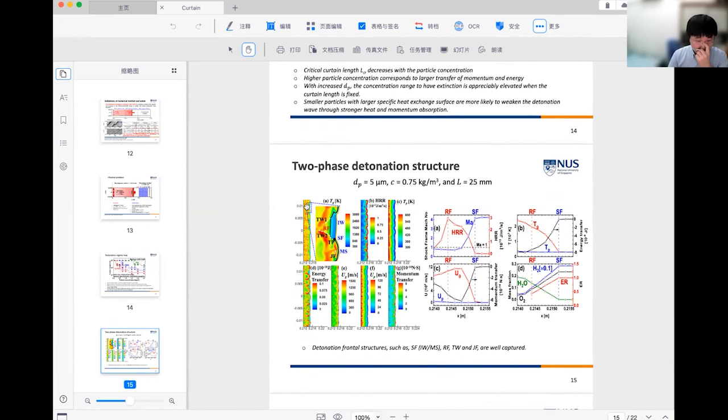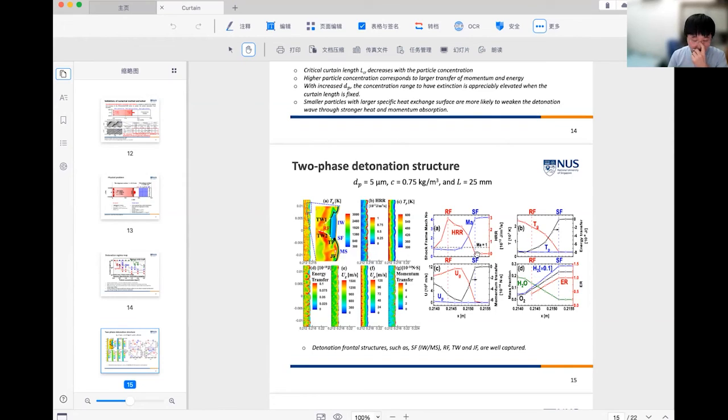So let's look at the induction zone. This shows some basic detonation front structure, such as shock front, including incident wave and Mach stem, reaction front, transverse waves, triple point, and jet flow.